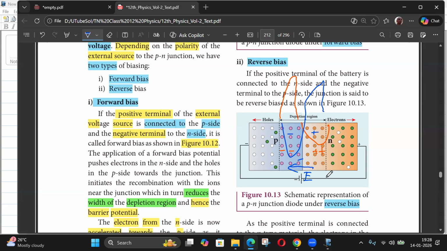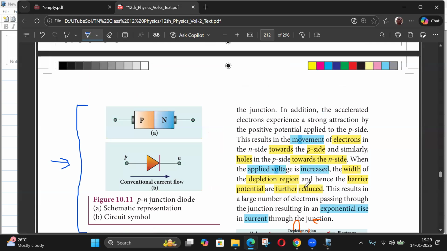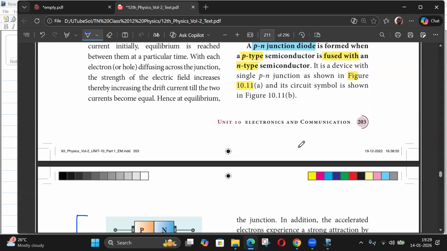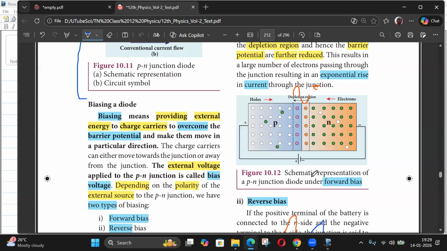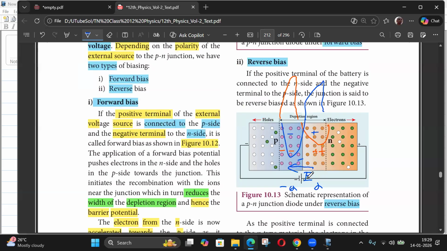Because the charge here is increasing, because in reverse bias this charge is more, plus Q and minus Q, compared to forward bias, which is minimum, and no bias, which has some value. So in reverse bias, the charge is maximum. So the electric field in this depletion region will be maximum in this reverse bias condition. So if you apply higher voltage here, when the electric field becomes strong enough, it can break the covalent bonds here.